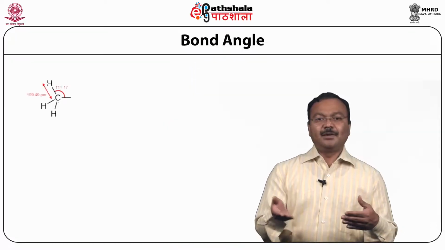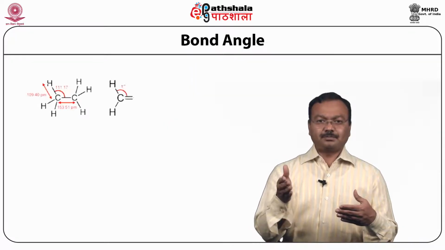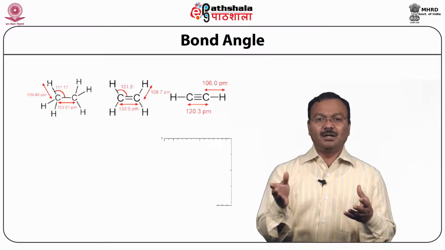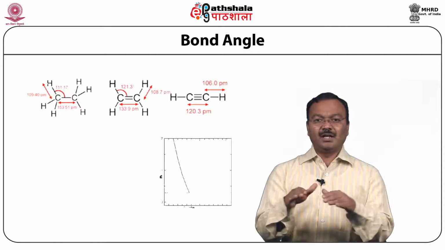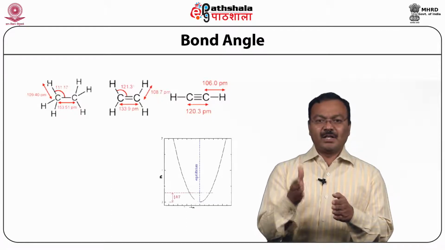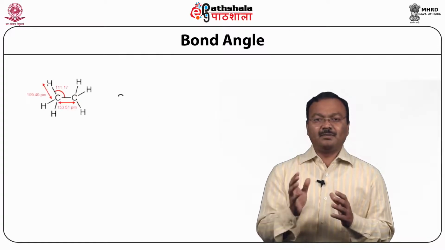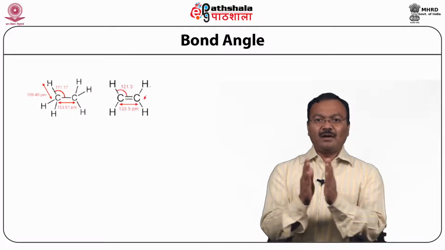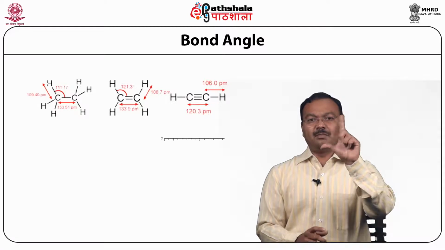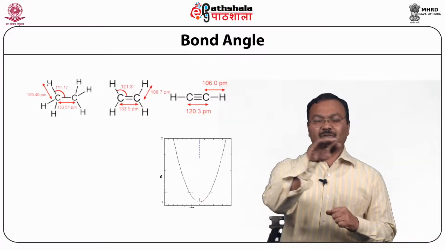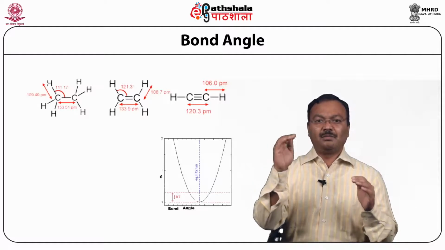You can see here the energy potential plot for the simple bond angle. You have an energy minimum, the lowest energy state, which is the equilibrium angle, and you can have a fluctuation in the bond angle, and that's where you have the room temperature level, which I have shown you in the plot.